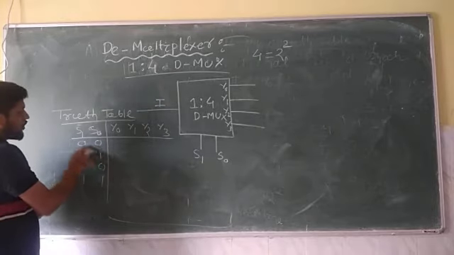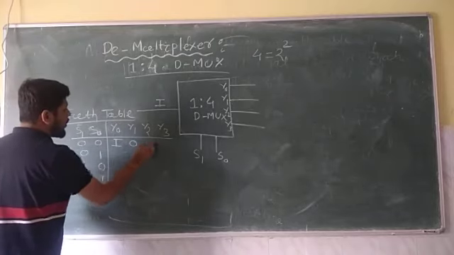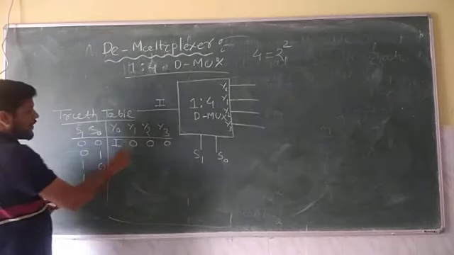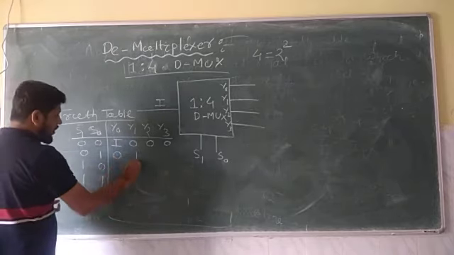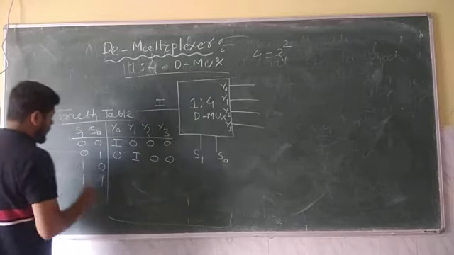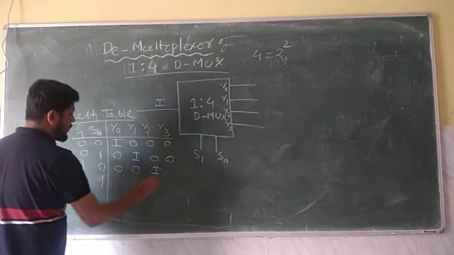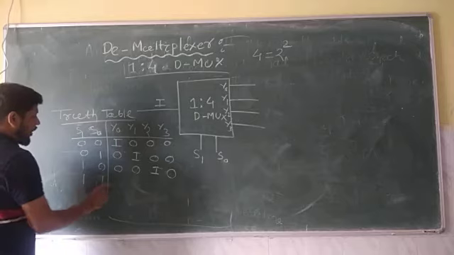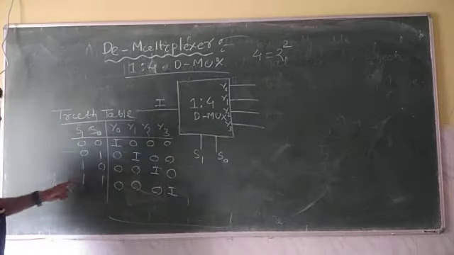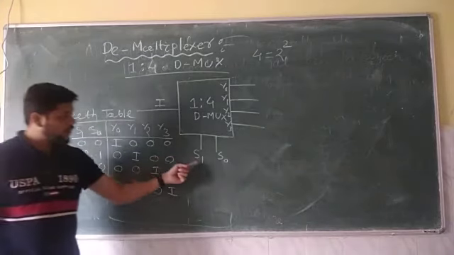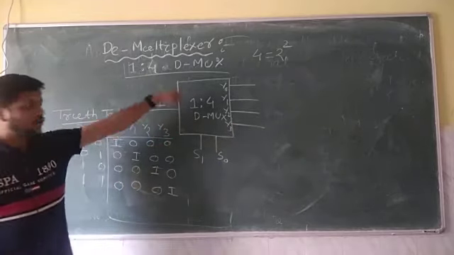So when S1 and S0 is 0, 0, this Y0 is going to be connected with I. Remaining all are disconnected from the input. That's why I am putting here 0, 0 and 0. When 0, 1, Y0 is equal to 0, but Y1 is equal to I, remaining all are 0. 1, 0, similarly Y0 0, Y1 0, but Y2 is connected with input I, Y3 is 0. 1, 1, 0, 0, 0 and Y3 is connected with I. That means when we give 1, 1, Y3 is connected with I and the Y3 value is equal to I, remaining all are 0.